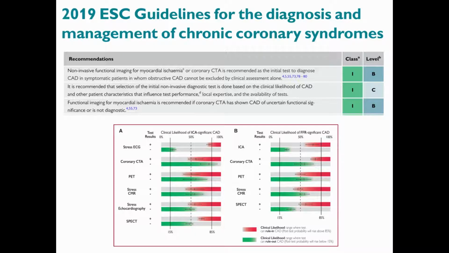So you might want to go more towards a functional test in those higher risks. You can see the use of the different modalities, whether against invasive coronary angiography or FFR, and that CT is widely useful, particularly at the lower end for rule-out. Functional imaging is very good, often more on the rule-in side, i.e. demonstrating that ischemia is present.